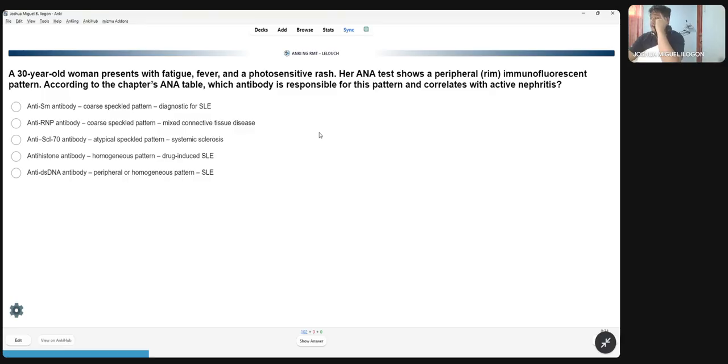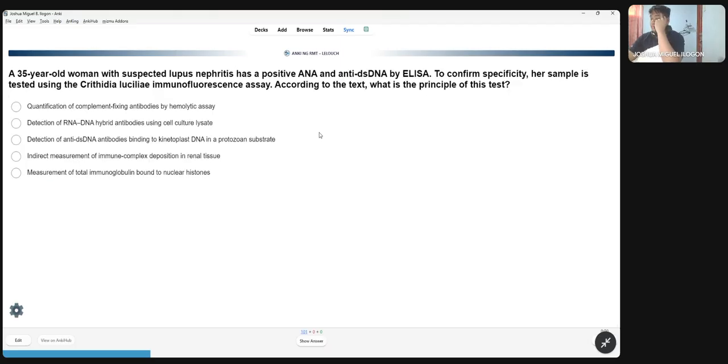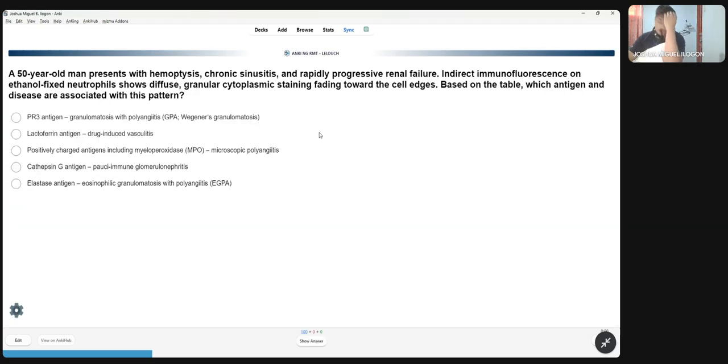I wanna go with anti-RNP. So we need a rim for your anti-dsDNA. Anti-dsDNA with binding to kinetoplast DNA in a protozoan substrate. Just notice it's a protozoan.